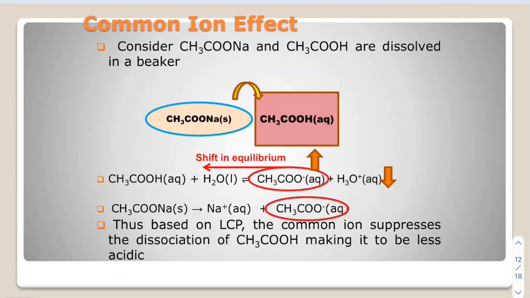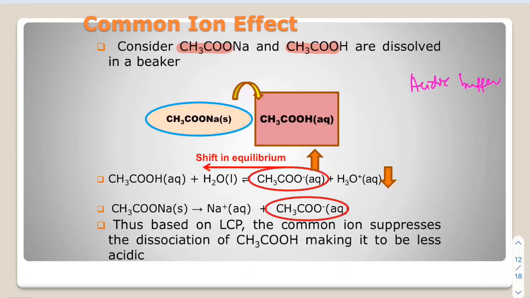So let's consider that we have sodium acetate and acetic acid dissolved in a beaker. A mixture of these two means that we have an acidic buffer. In the same container here, we have acetic acid and sodium acetate.